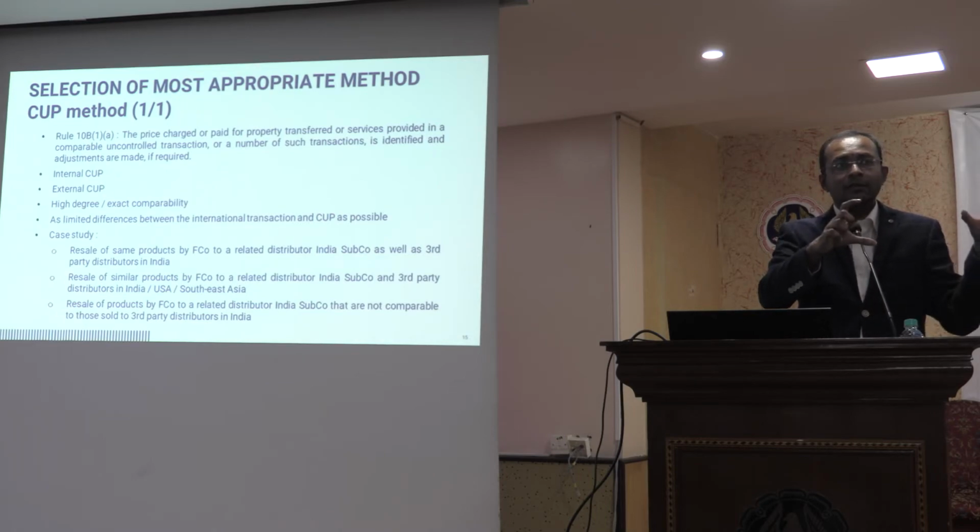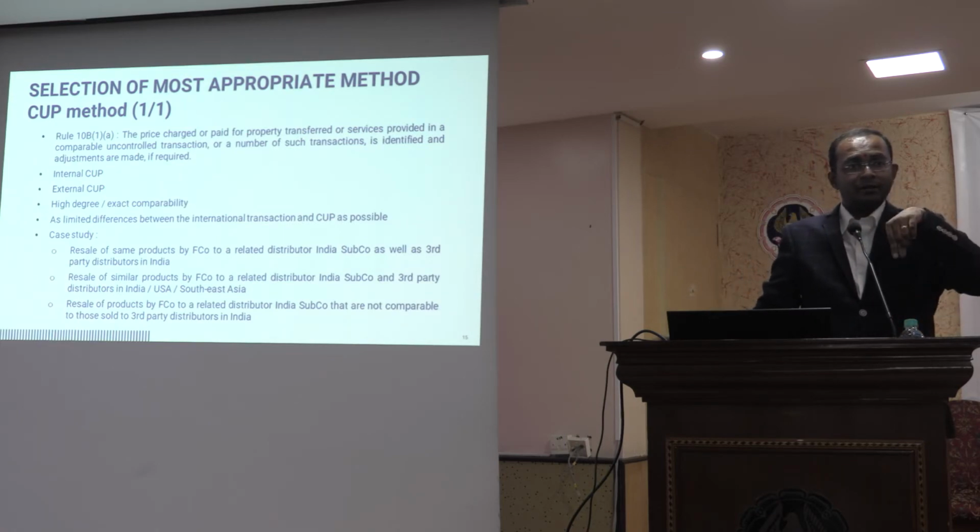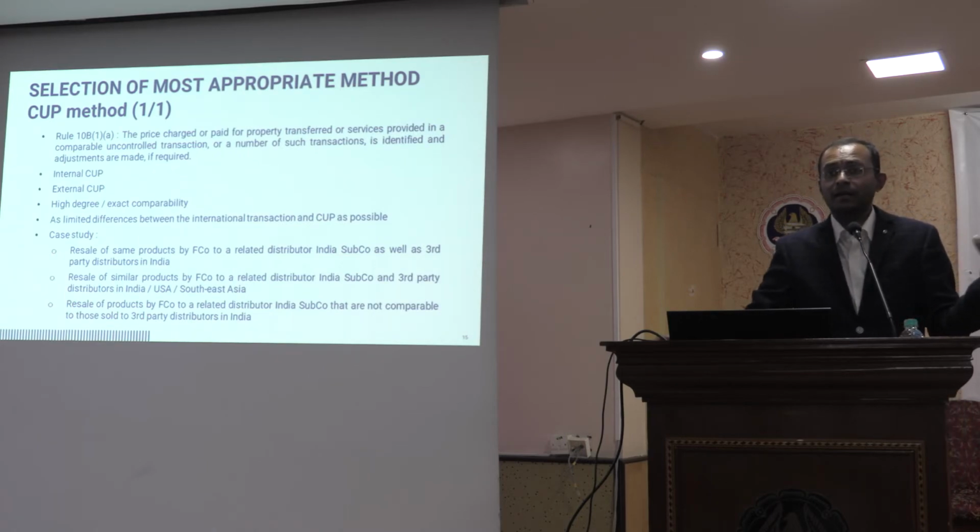Okay, then we can say that the transaction is not at arm's length because on the related party transaction it has charged lesser, but on the unrelated party transaction it has charged higher. Therefore, there is shifting of profits or separation of profits.